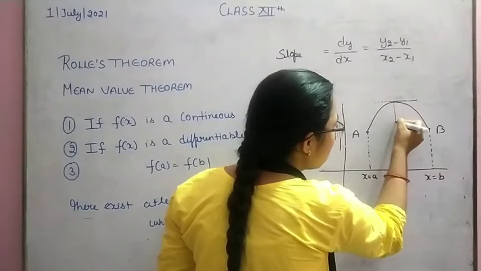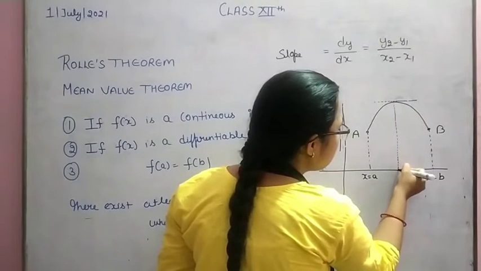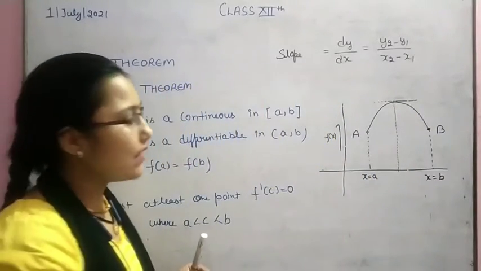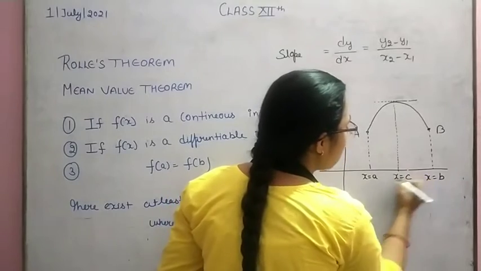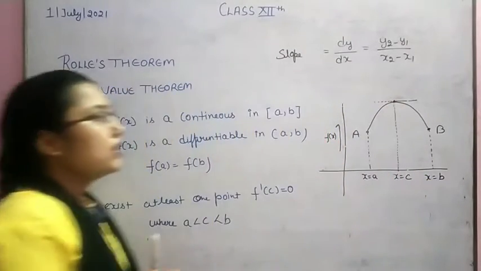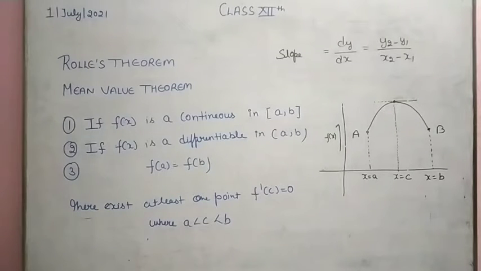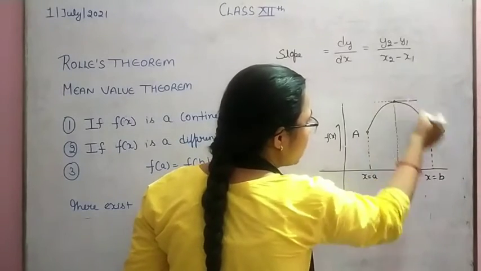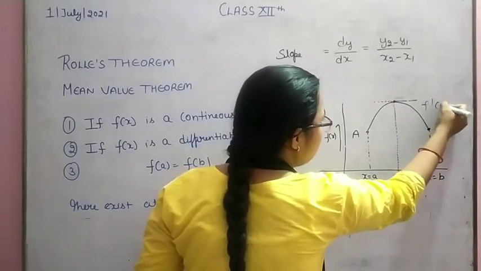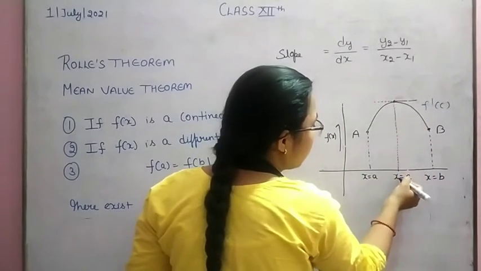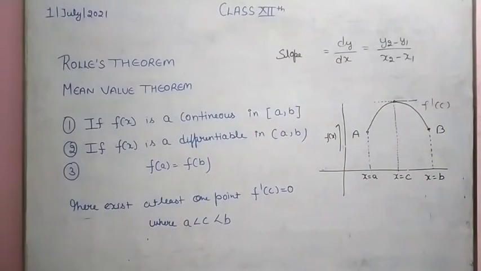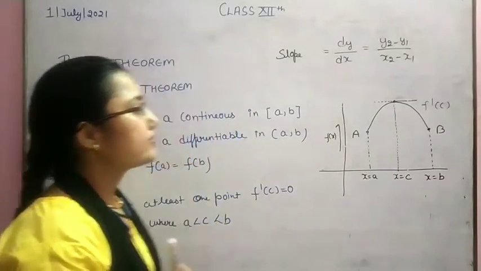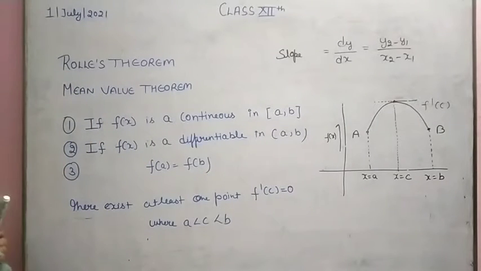So the slope of this graph is equal to 0 at point C. That means the derivative of this function, f'(c), equals 0 at point C. And we notice that C lies between A and B. Correct. So this is the statement of Rolle's theorem.